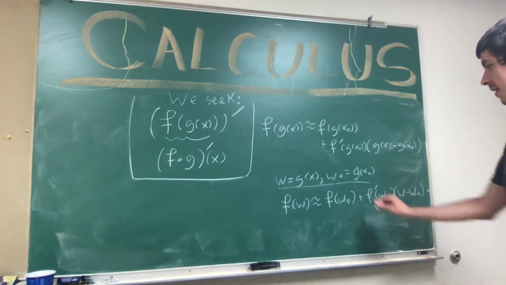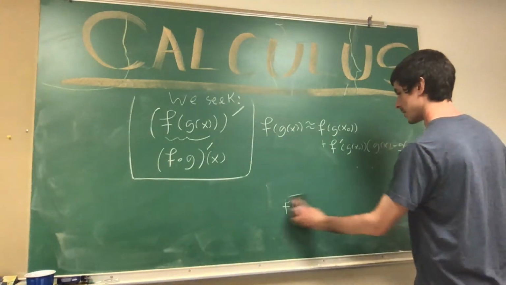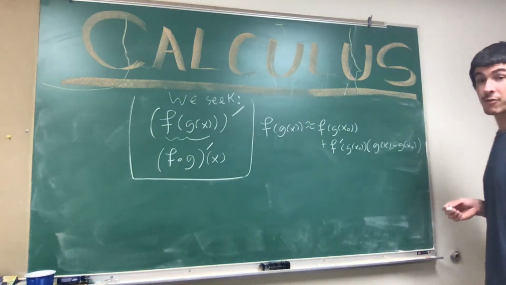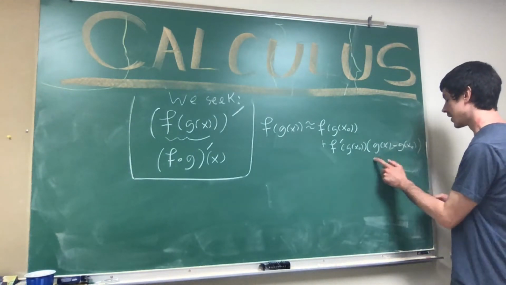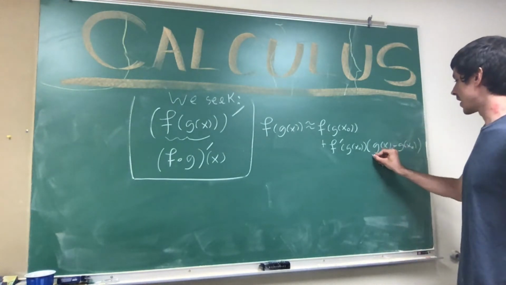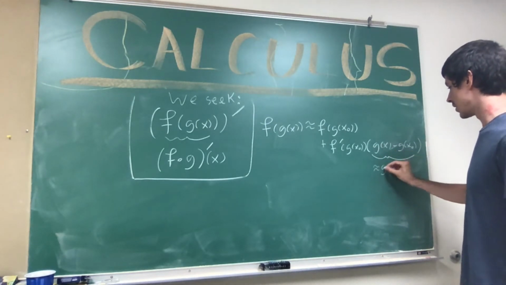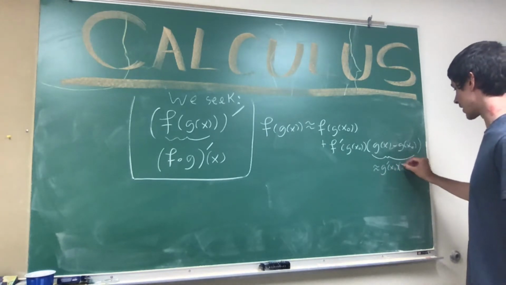Okay, so now I'm going to erase this expression because it's just an intermediate step. But this is a good start, and we can further approximate it by approximating g of x minus g of x0. So this right here is approximately equal to g prime of x0 times x minus x0, right?